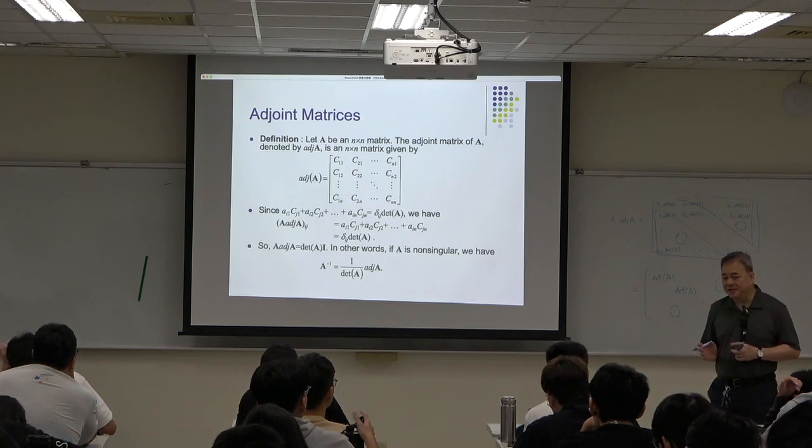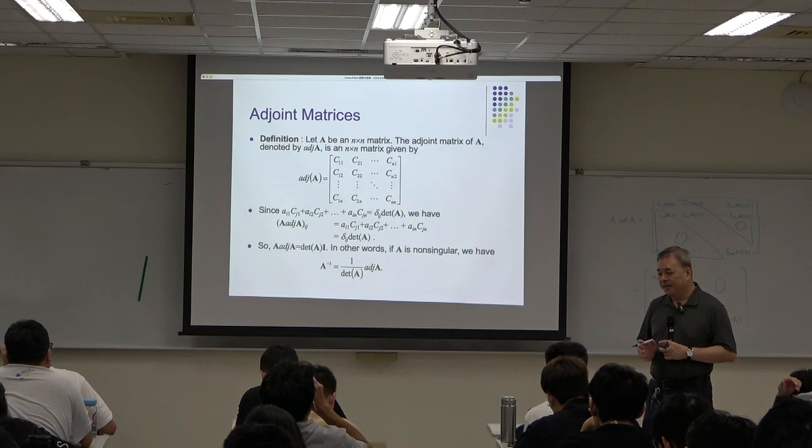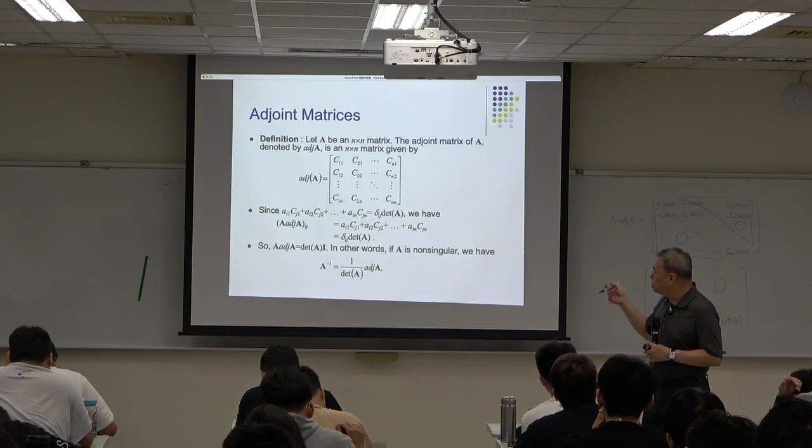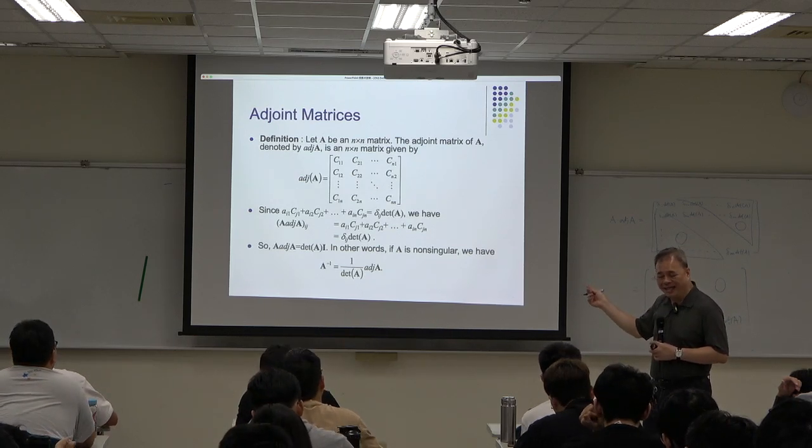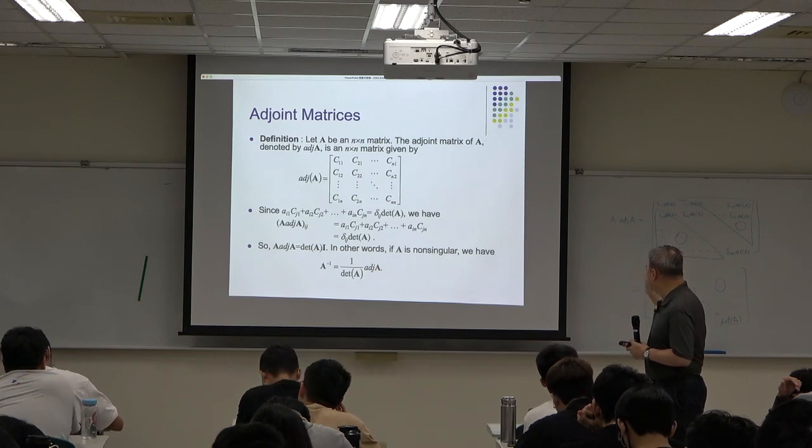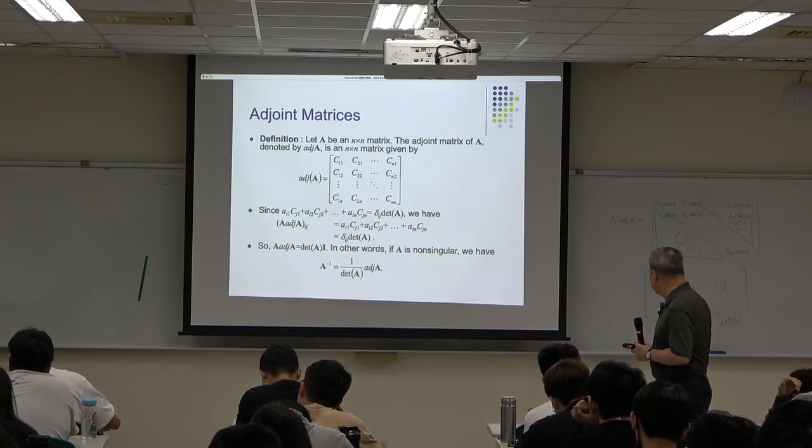So far so good, right? So if we define an adjoint matrix like that, then A times the adjoint matrix is going to be like this.